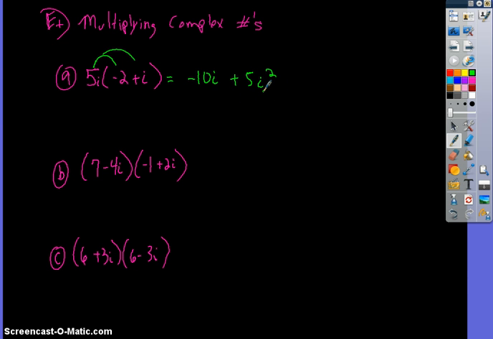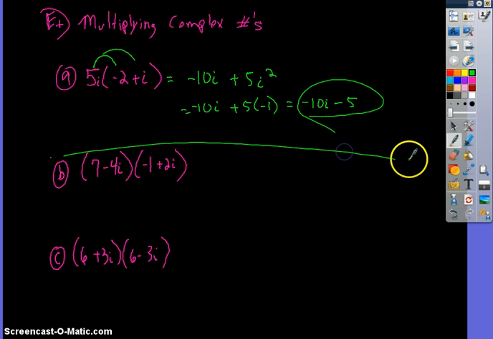It's negative 1. That means this is negative 10i plus 5 times negative 1, which is equal to negative 10i subtract 5. So our final answer for that is negative 10i subtract 5, because the i squared is really substituted to be negative 1. Going on, look at the next example.